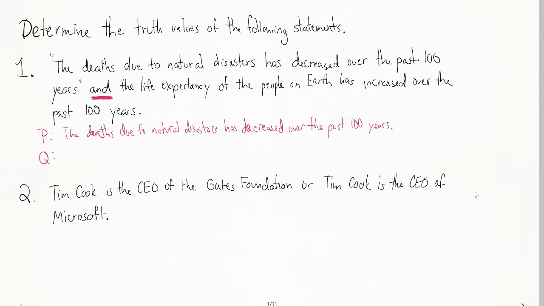Okay, and then we can determine if that statement is true or false. Now you might not know the answer to that right off the top of your head. A tendency with this question is most people actually get it wrong, and you'd be surprised to know that it has decreased. And so this statement is actually true.